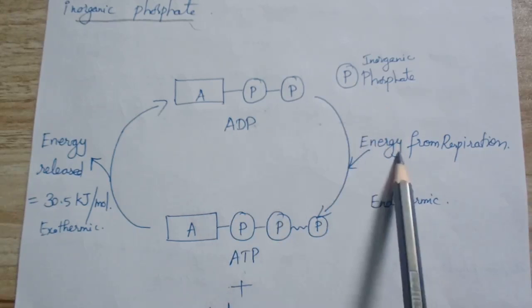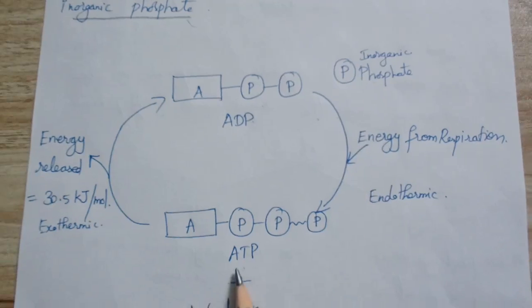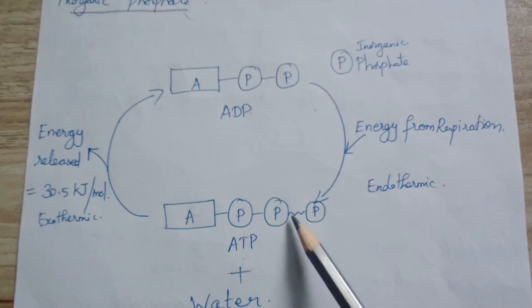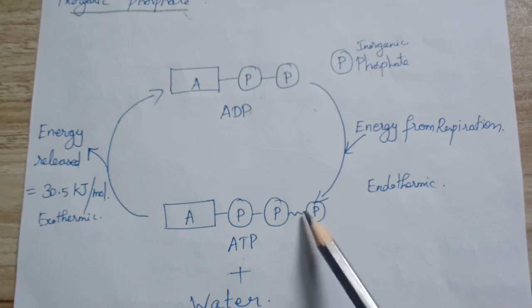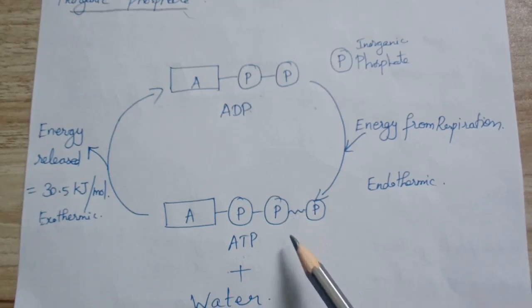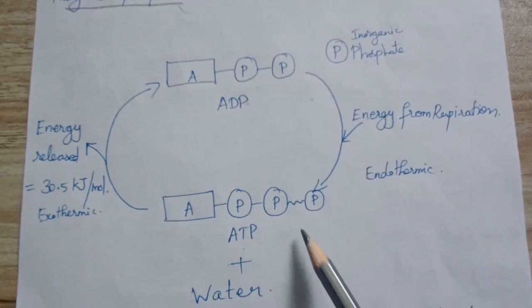In the presence of the energy, it reacts with the inorganic phosphate to form adenosine triphosphate. 3 phosphates will be formed. So in the triphosphate, the third phosphate will have a weak bond, but the energy in this bond is very high. This energy is consumed, right? So it is an endothermic process.